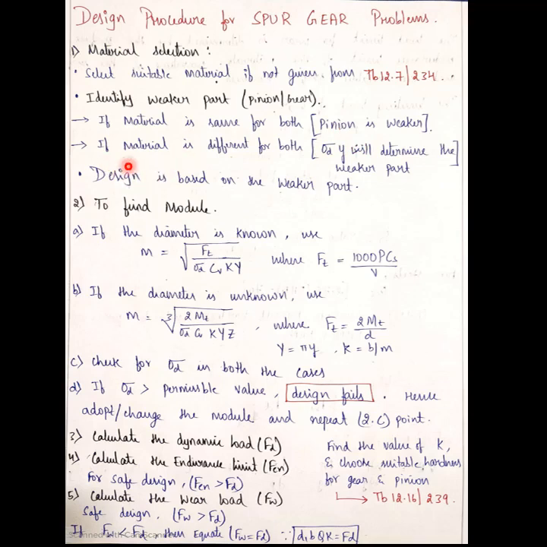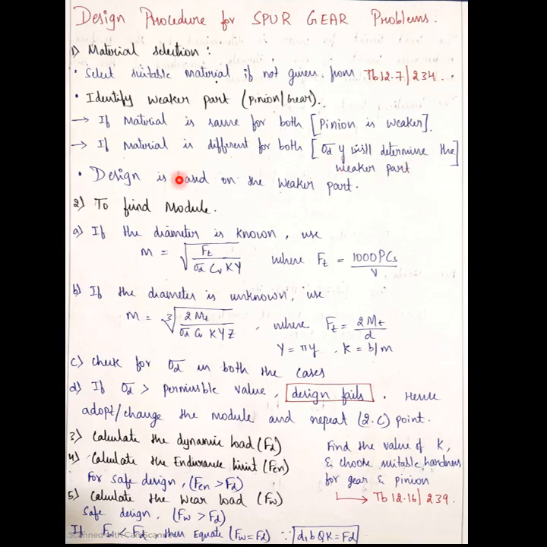Next, if the material is different, for example the gear is made of cast iron and the pinion is made of cast iron of a different grade, then one factor defines which is the weaker part, that is sigma d into y. I will explain later how to calculate this value, so that it determines the weaker part.